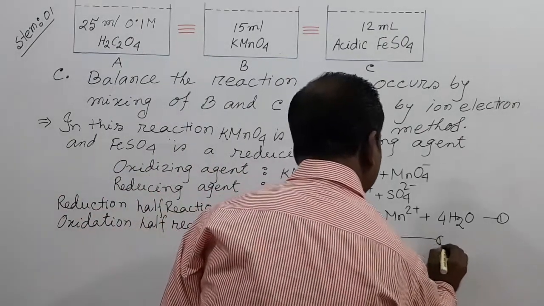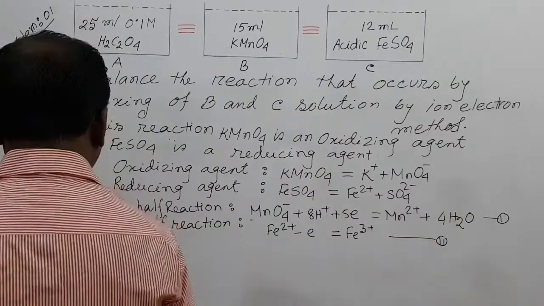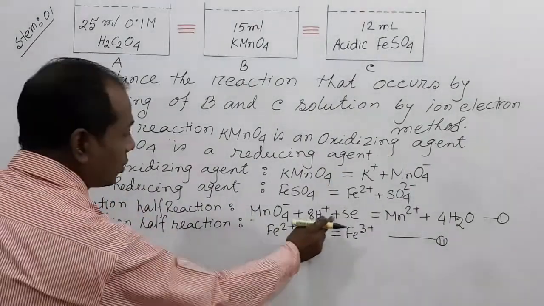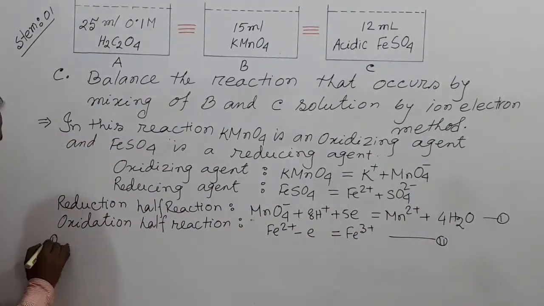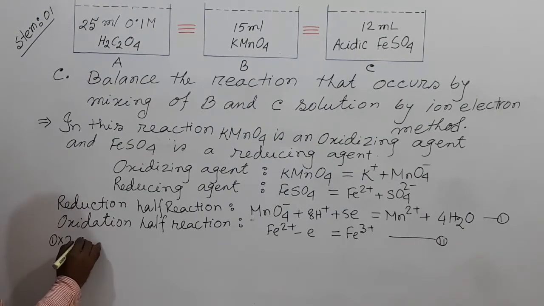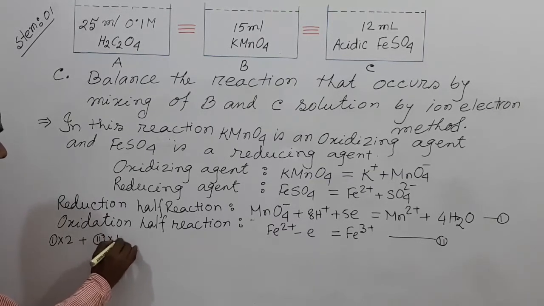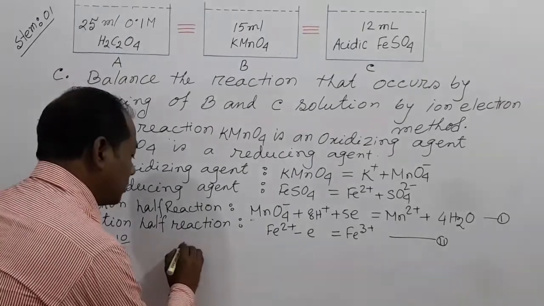This is equation number 2. And to balance the electrons, we multiply equation number 1 by 2 and equation number 2 by 10.